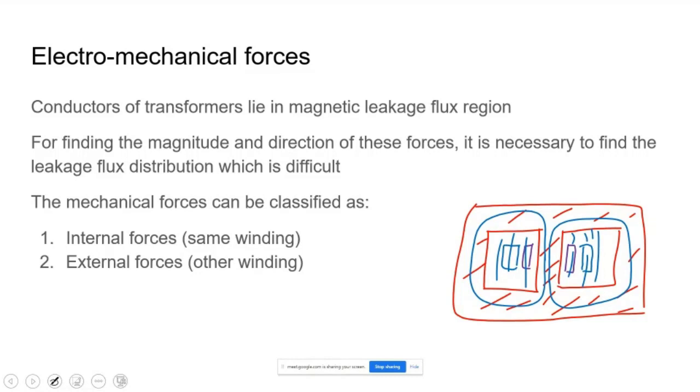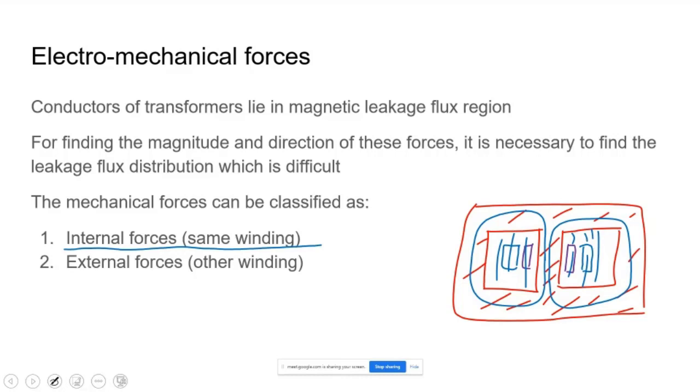It is difficult. But in the transformer, the mechanical forces inside the transformer can be classified as internal forces. Internal forces means forces that appear within the same winding, due to the same winding turns.